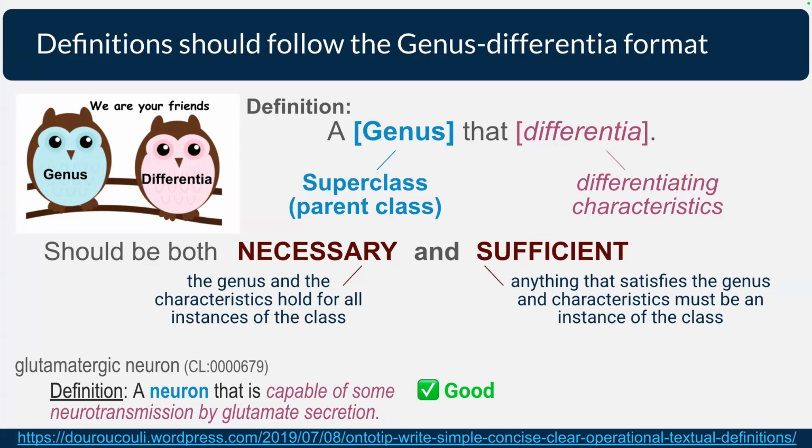Also, if you are a neuron, and you're able to transmit glutamate, then you are a glutamatergic neuron.